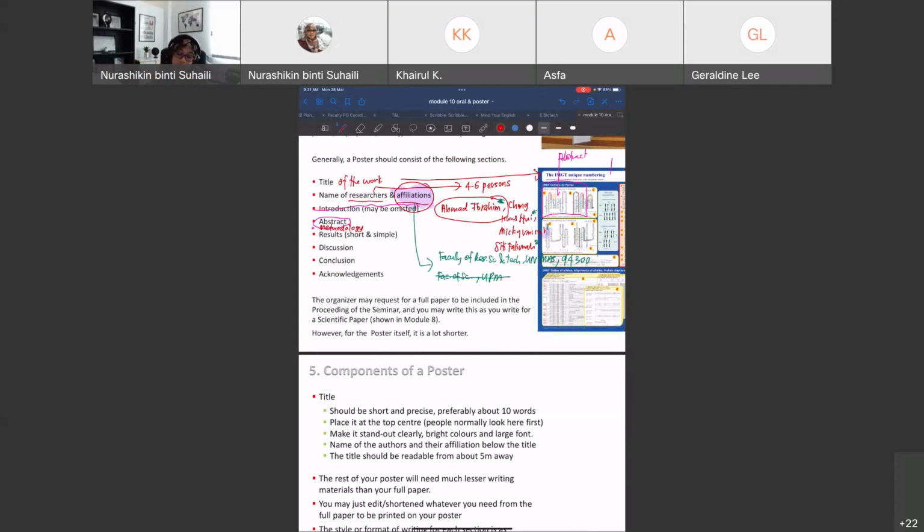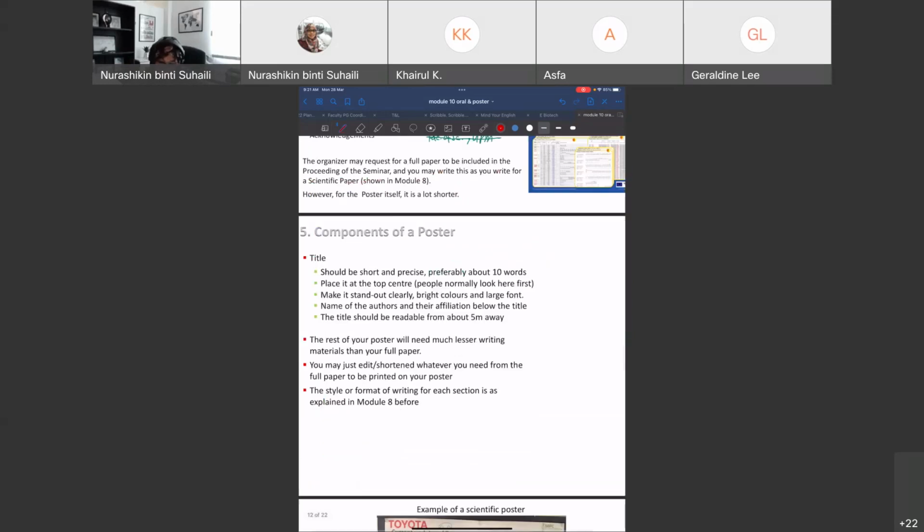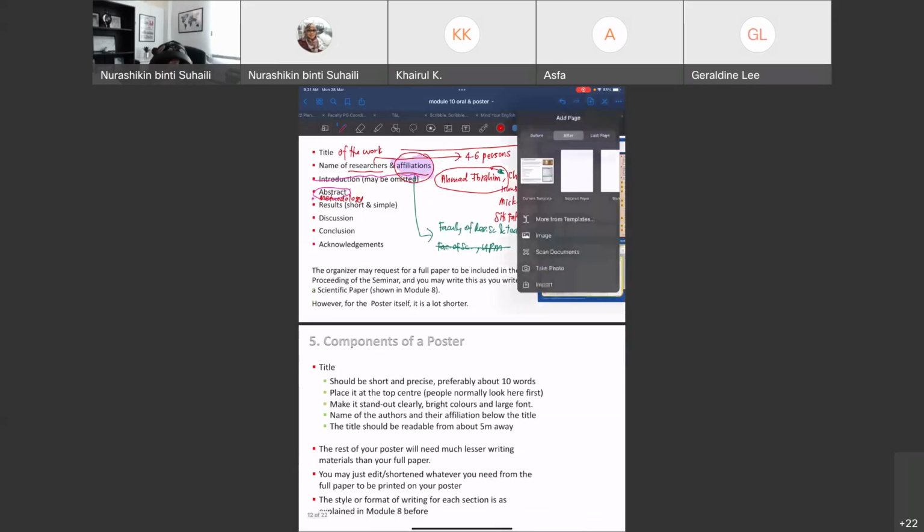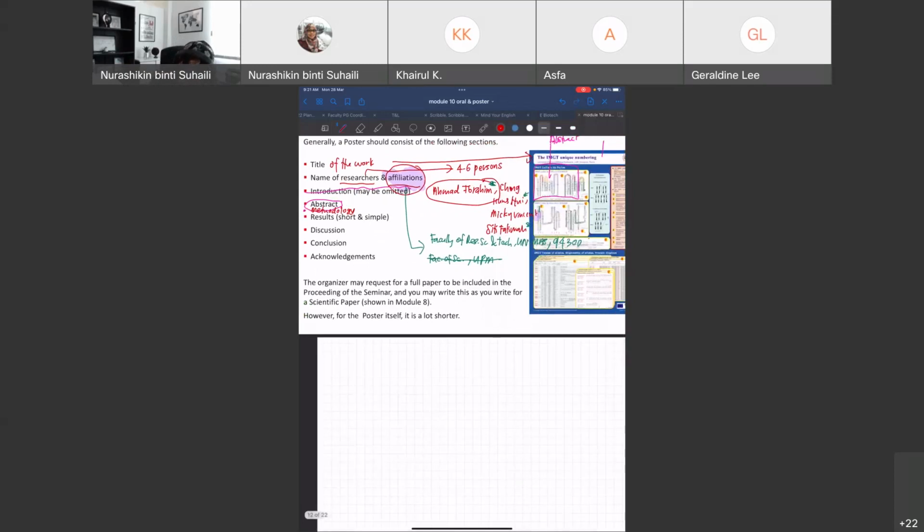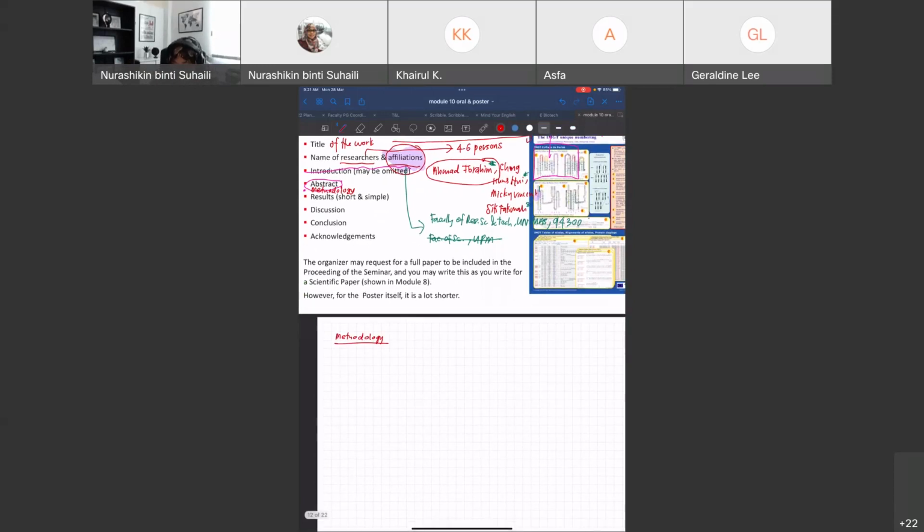So for the methodology in a poster, normally we describe it in the form of a flowchart, because this is very easy to digest on a poster rather than writing word by word. The flowchart should describe the overall flow of your project.